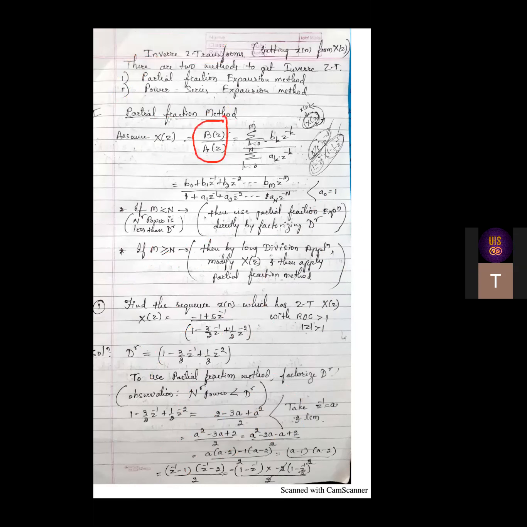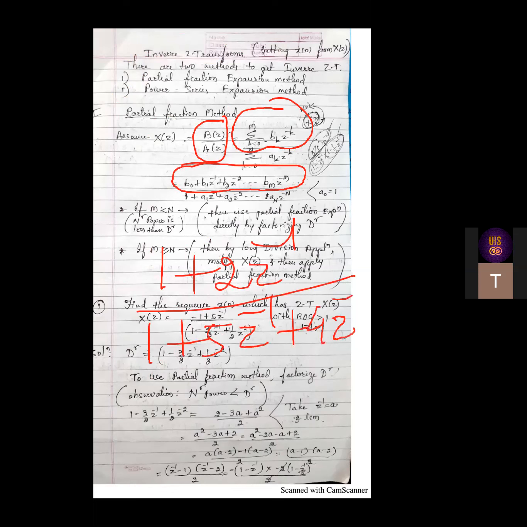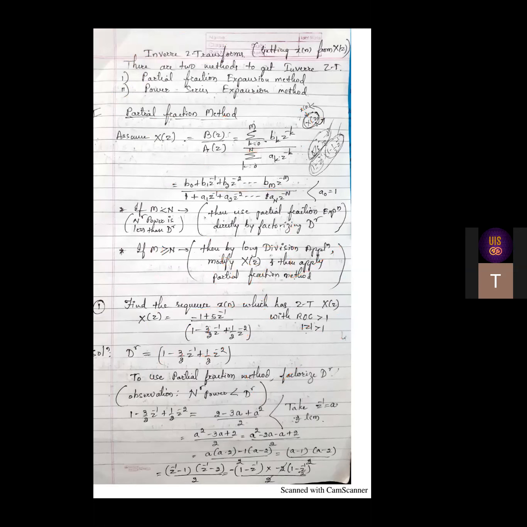If we assume that it is in the form of a ratio, generally B is given by the summation of b k z raised to minus k. It means it has a series like this, for example 1 plus 2z inverse in the numerator, and in the denominator 1 plus 5z inverse plus 4z raised to minus 2. So the numerator has z powers, the denominator also has z powers, and generally we can show this as a summation.